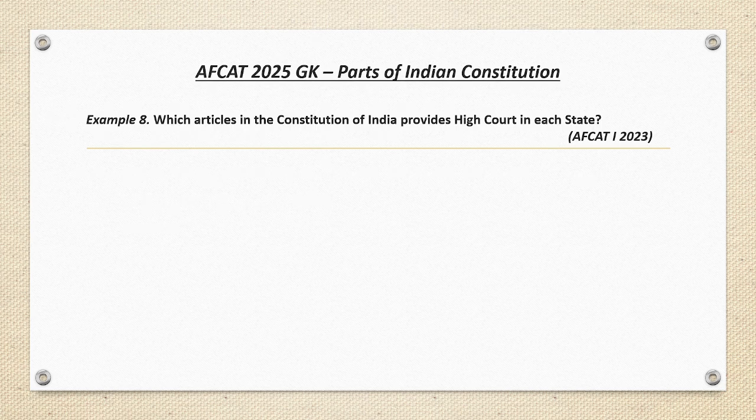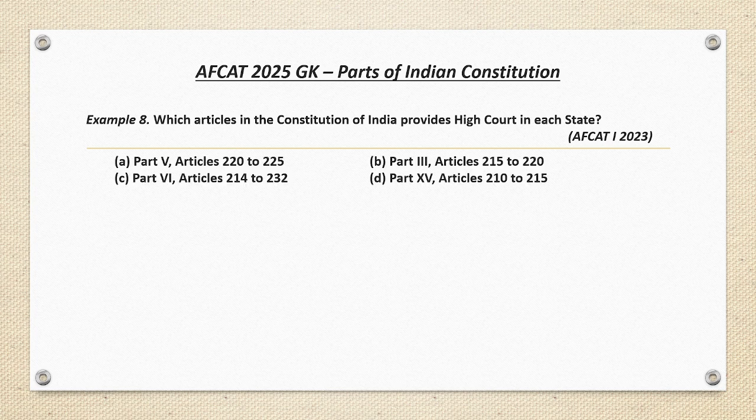The next question is, which part of the Constitution of India provides for high courts in each state? Right. Obviously, this high court would have been mentioned in that part which deals with states. Okay. Let us see that. Now there are four options: Part 4, Part 6, Part 3, Part 15.